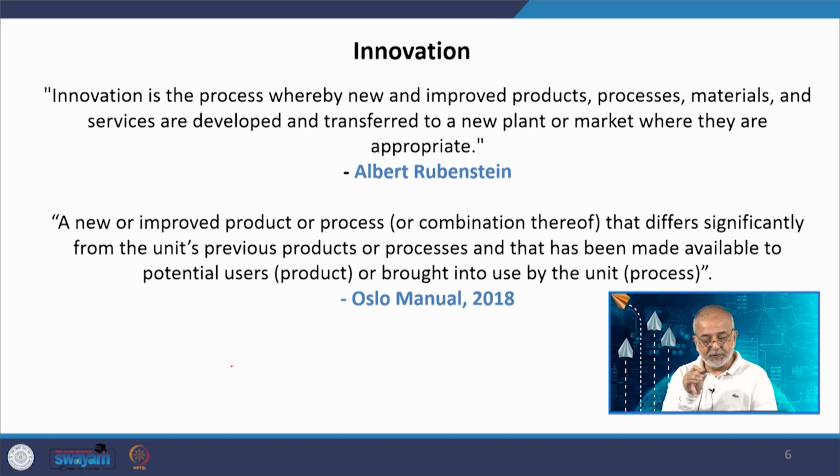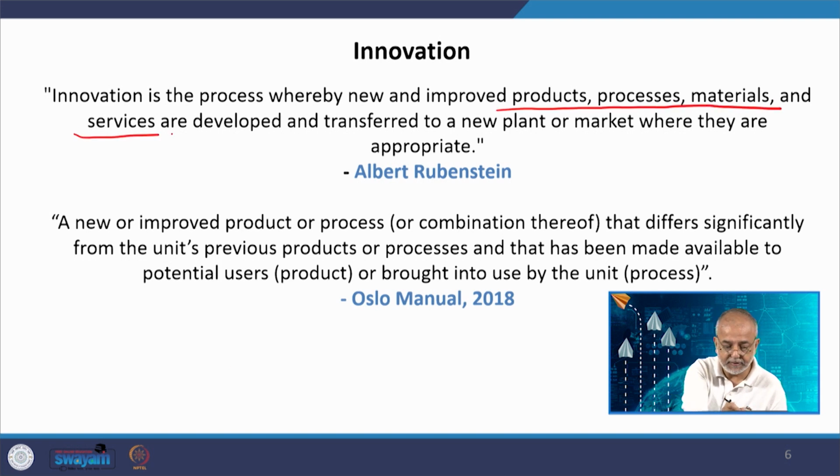Innovation is the process whereby new and improved products, processes, materials and services are developed and transferred to a new plant or market where they are appropriate. That means we are trying to find out a fit.